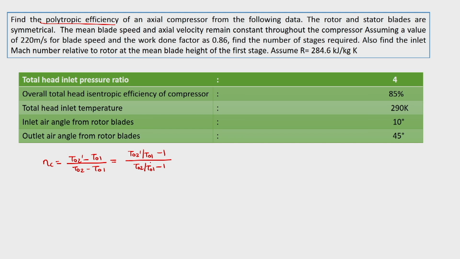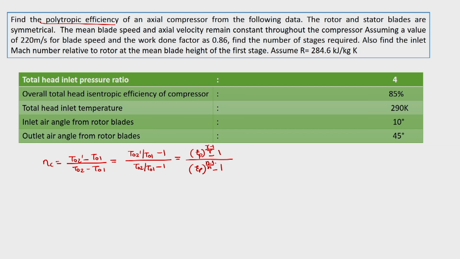Here we can write it in terms of compression ratio or pressure ratio, RC bracket raised to gamma minus 1 upon gamma minus 1, since it is isentropic, and in the bottom we have the polytropic process, so it is n minus 1 upon n minus 1.